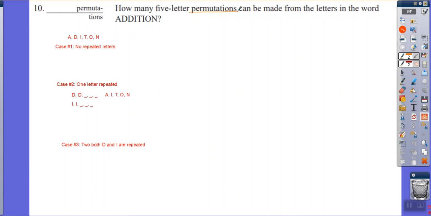A permutation is a way of ordering numbers, letters, objects, whatever. But the question is, how many ways can we order them where the meaning depends on the order of the objects? Permutation almost always deals with numbers and letters, because if I have the letters D, O, and G, that spells dog.